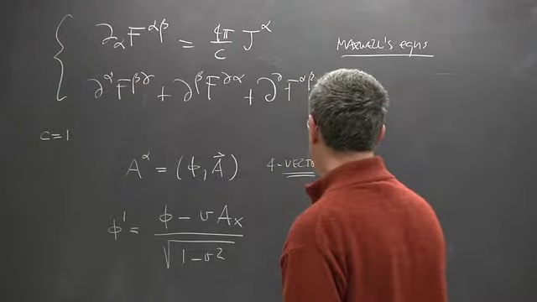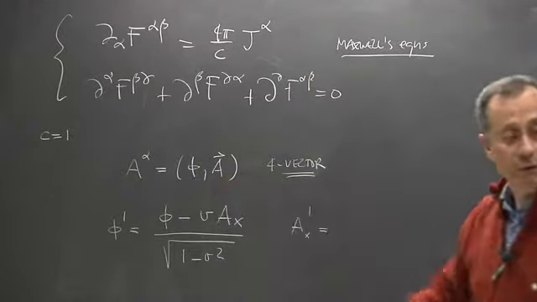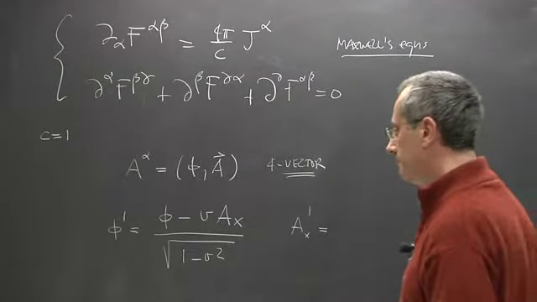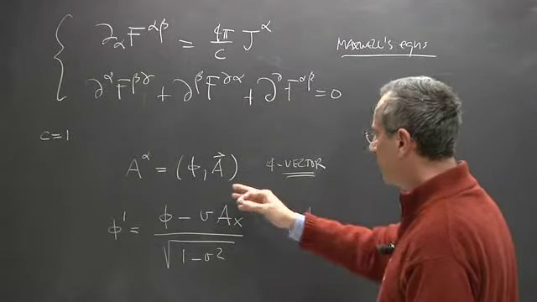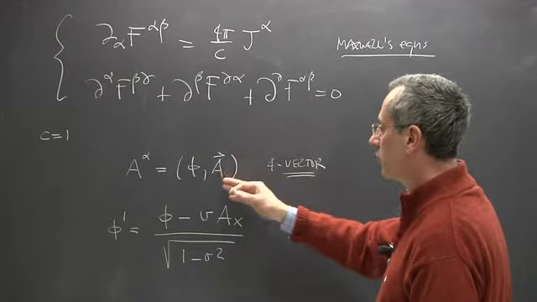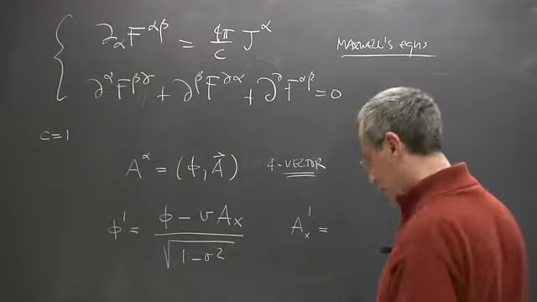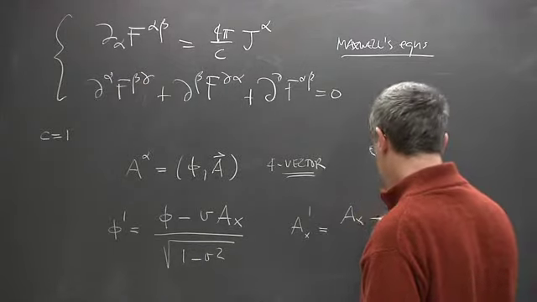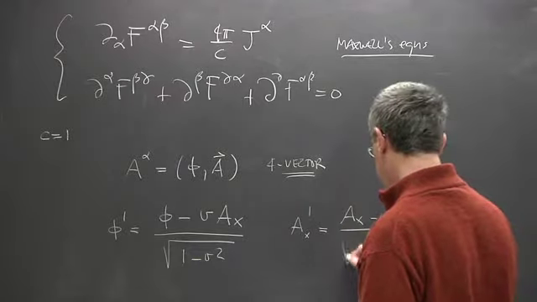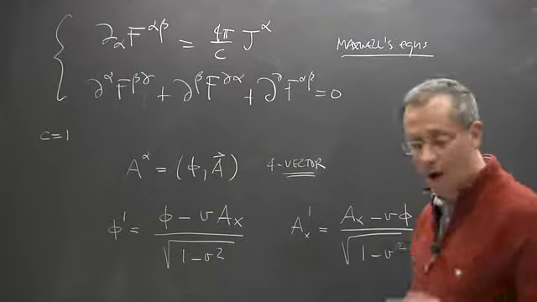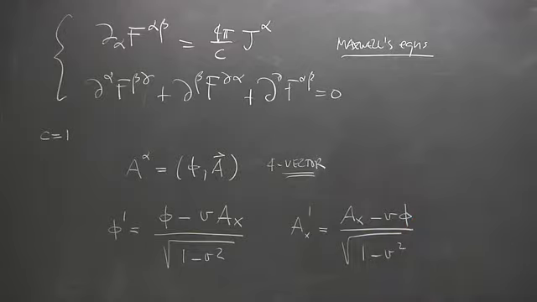And similarly, the x component of the space vector part of this four vector transforms like the x component of the position. And the other components, because it's a boost in the x direction, remember that the components that are transverse to the boost are left unchanged.